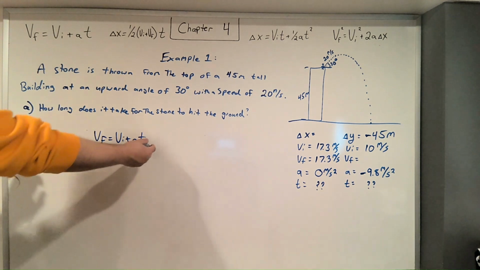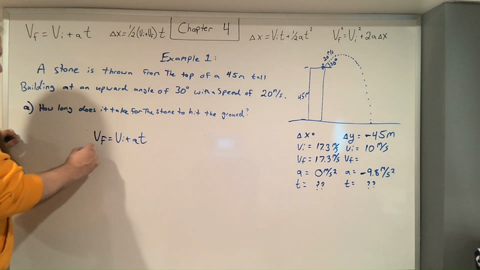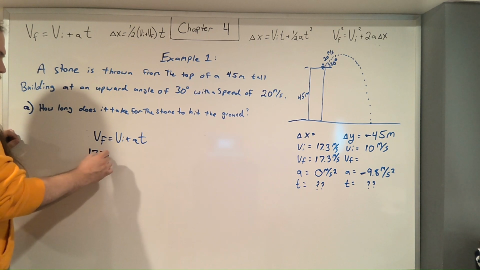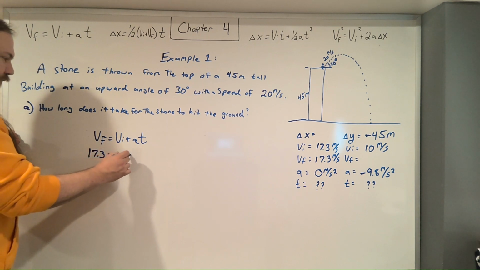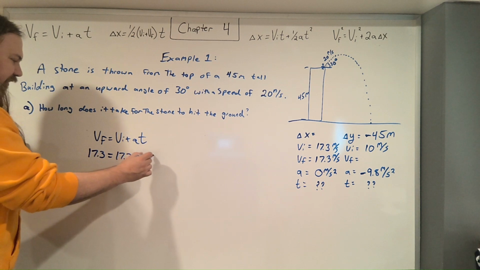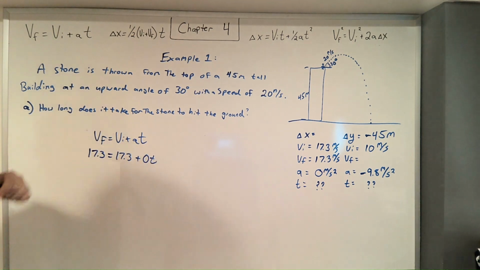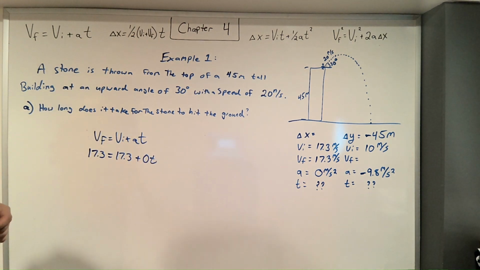Okay, so I want to solve for t, so I start plugging in what I know. I have 17.3 is equal to 17.3 plus 0 times t. 0 times t is going to be 0, and I end up with an equality: 17.3 is equal to 17.3.